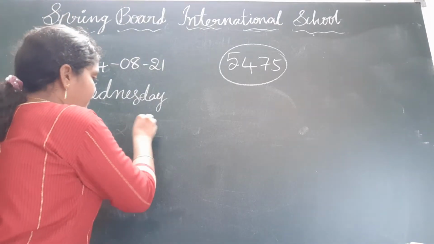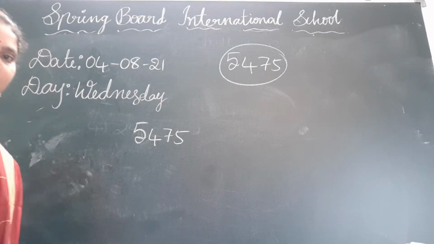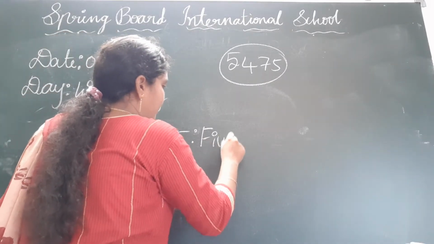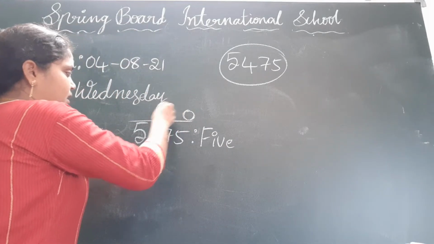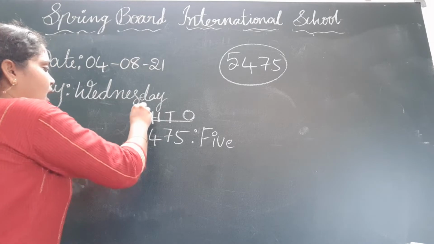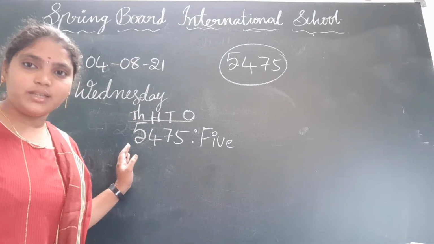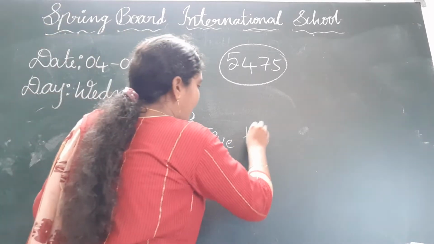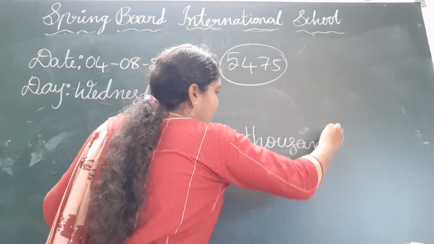5475. Am I correct or not? So write 5000. Here 5 is in the thousands place. You can use the places, ones place, tens place, hundreds place and thousands place, and you can write very easily, children. So write 5000.